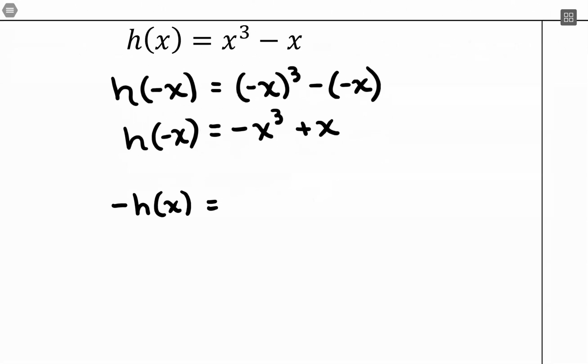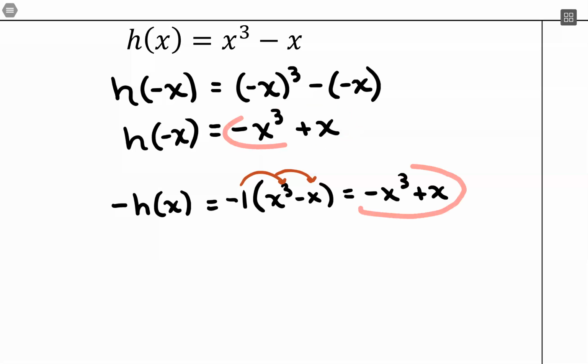So what that would look like is negative 1 times our entire function, which would be negative x cubed plus x. And that's coming from distributing that negative 1 in. And now what we could see is that those are exactly the same. So those two are equal, which shows me that this is an odd function.